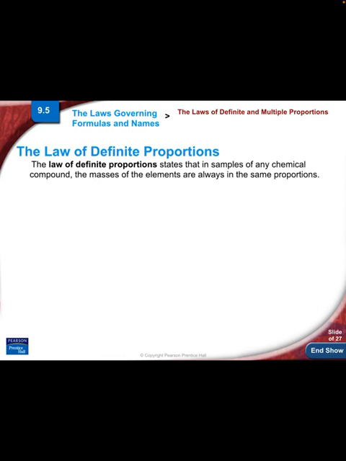And the law of definite proportions we'll do first. It says that for any chemical compound, the masses of the elements are always in the same proportions. And it doesn't matter where you are.